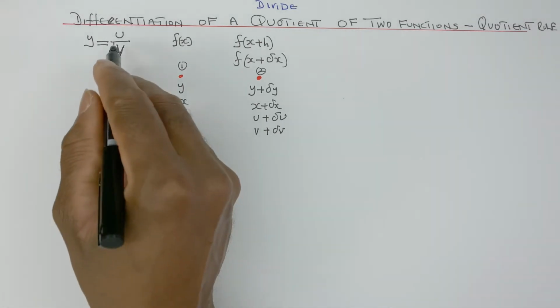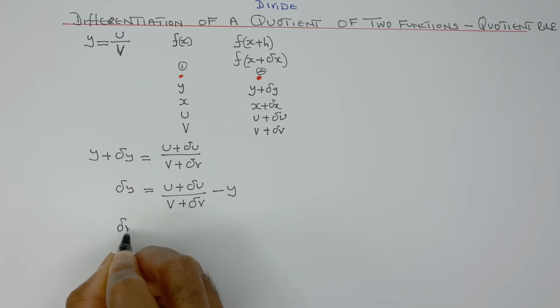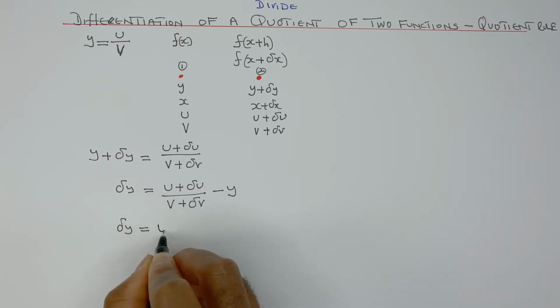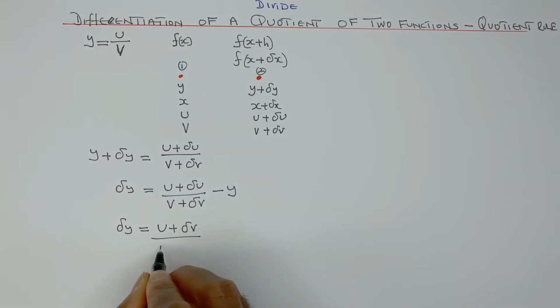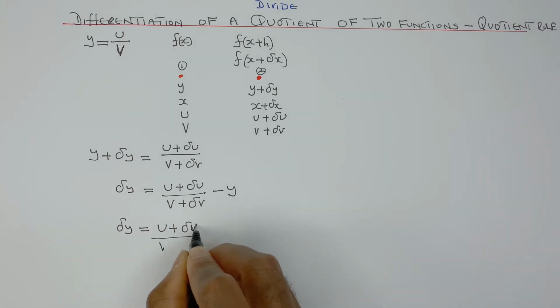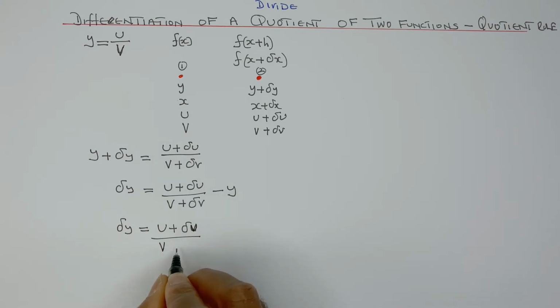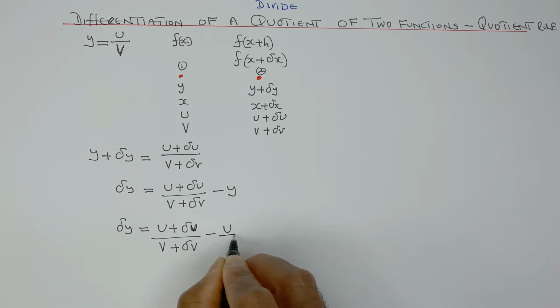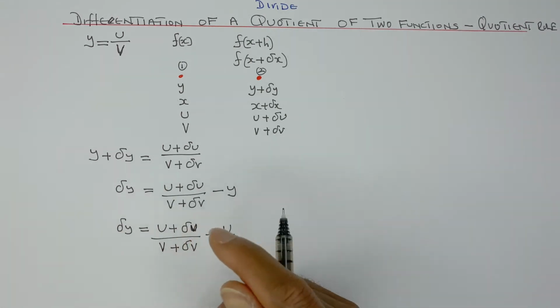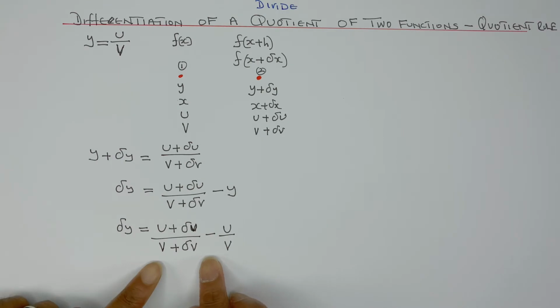But y is u over v. So delta y equals u plus delta u over v plus delta v, minus u over v. So now I've got fractions to work with. The common denominator will be v times v plus delta v.